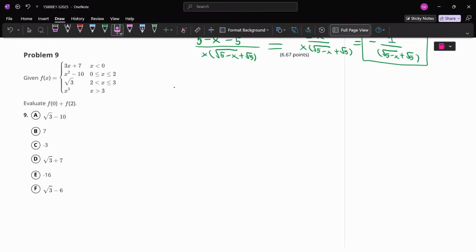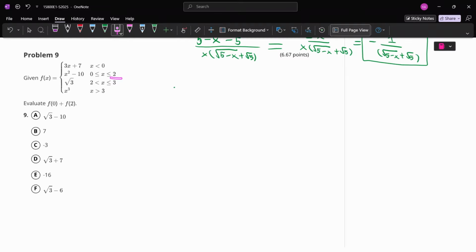So in this case, it's asking us for f of 0 and f of 2. And so in this case, we're only going to be using this part of the piecewise function. The reason why is because it says that f of x is defined as this when x is greater than or equal to 0 and less than or equal to 2.